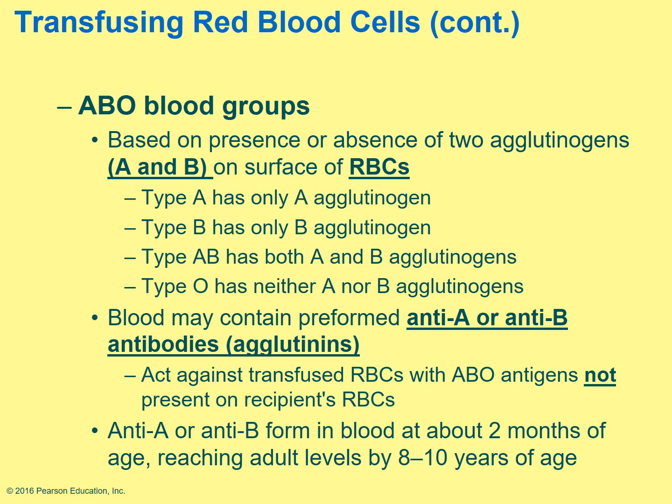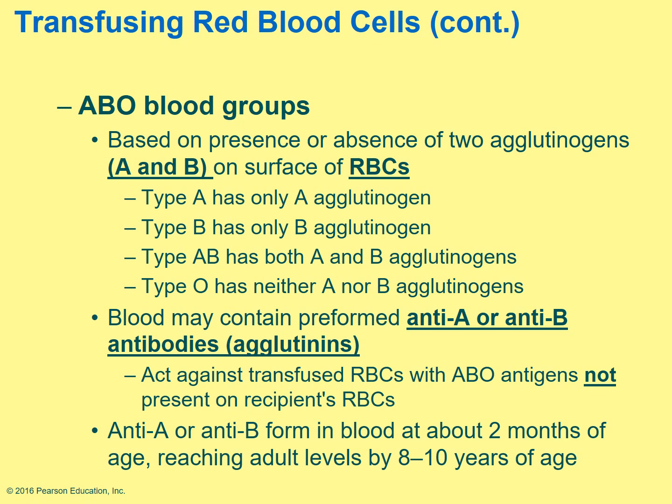Now, in the plasma, you have certain antibodies. You could have anti-A and you may have anti-B antibodies. Both of these are antibodies that are naturally in the plasma. These will respond or bind to those antigens that are on the surface of the red blood cell.